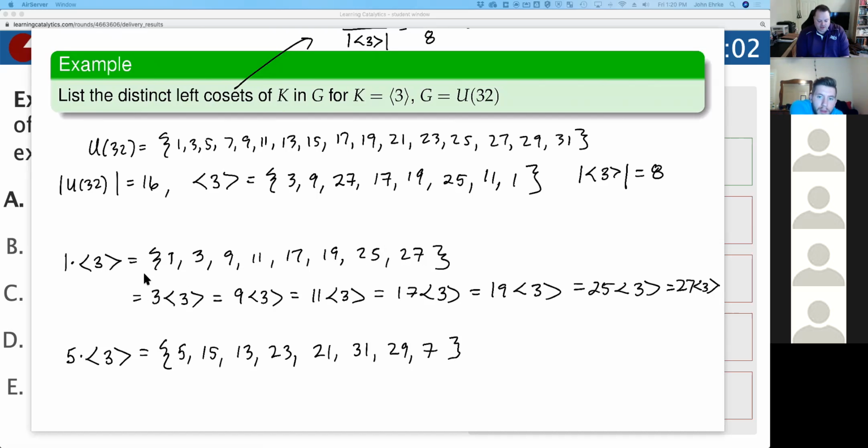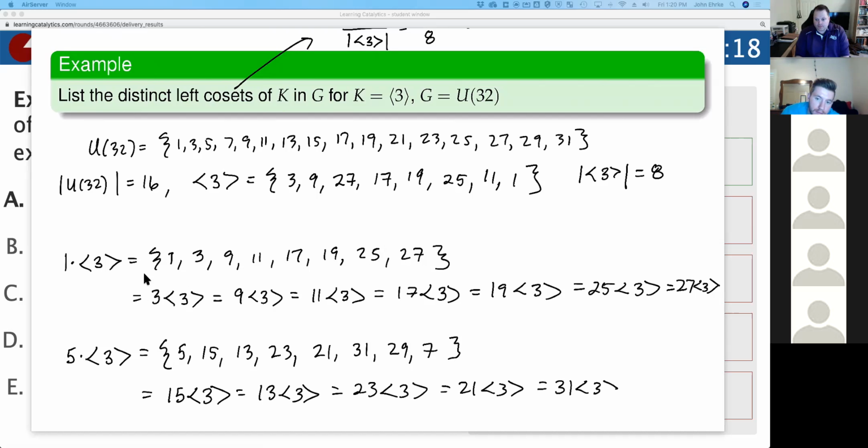So this is the coset which also has as its representatives 15, 13, 23, 21, 31, 29, and 7. All of these are equal.